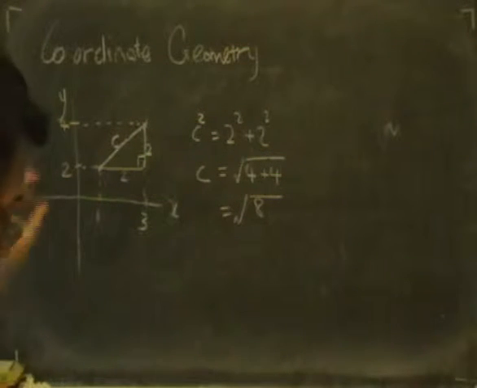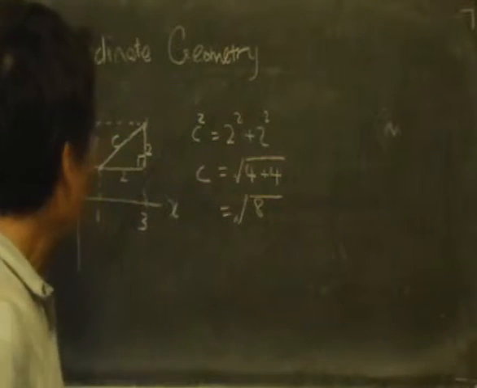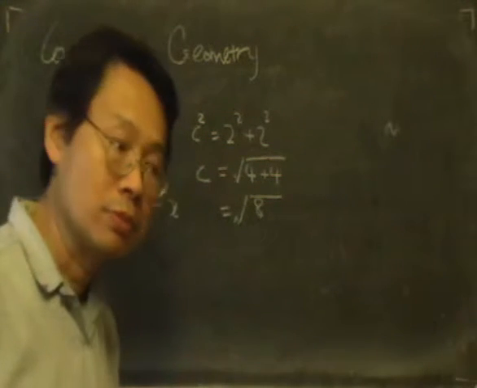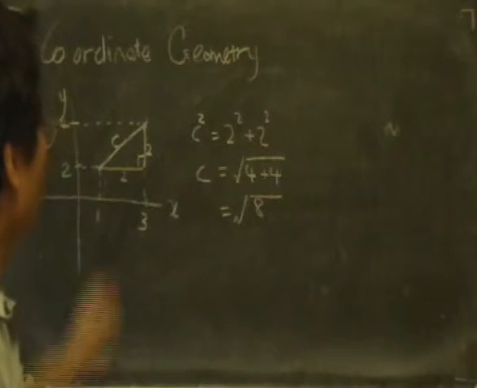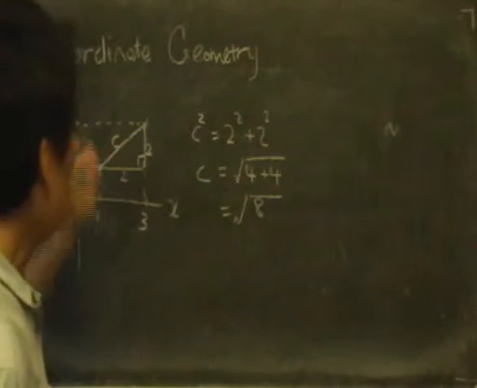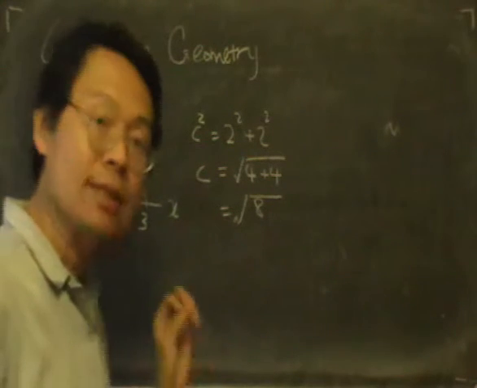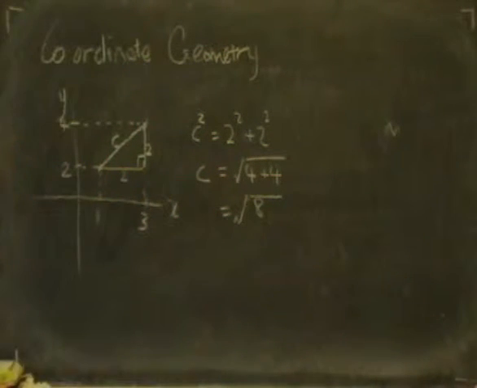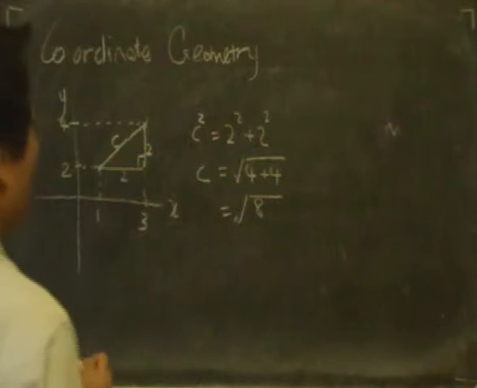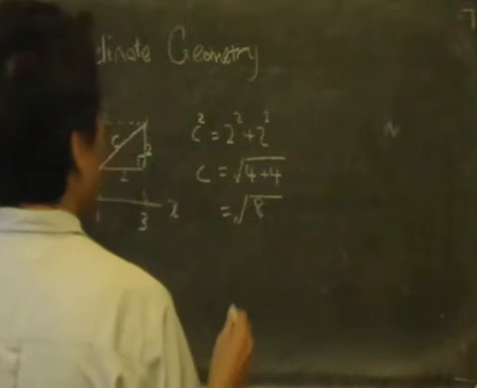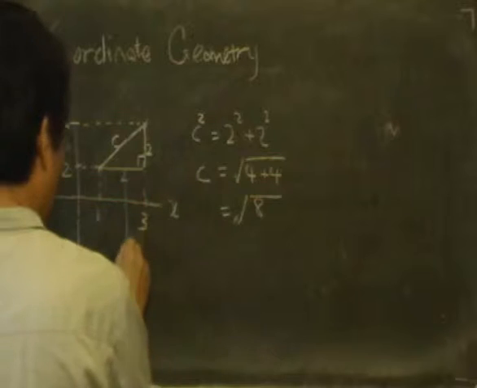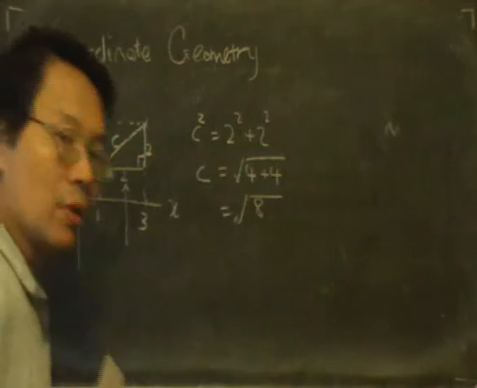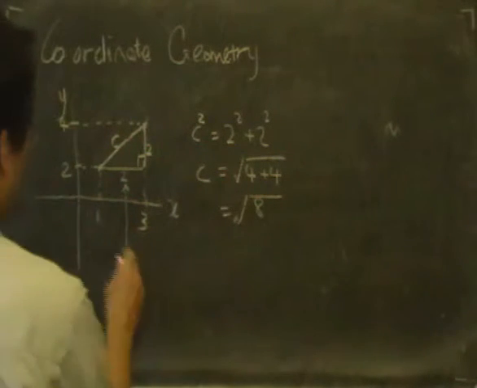Now from this idea, we can make a formula that we can use for any point that has any x and y coordinates. We think of it this way. This number 2 came from subtracting the 3 and the 1.